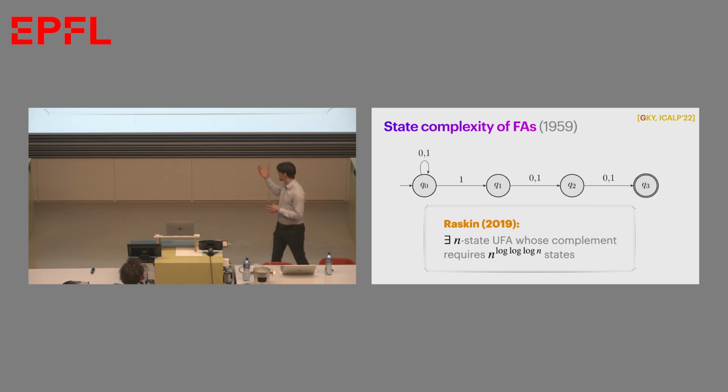So there are some automata where, if you want to construct the machine for the complement, you need to blow up the number of states from n states to something that's slightly super polynomial. And such a result was only proved 5 years ago. And I was flabbergasted that this had not been addressed.